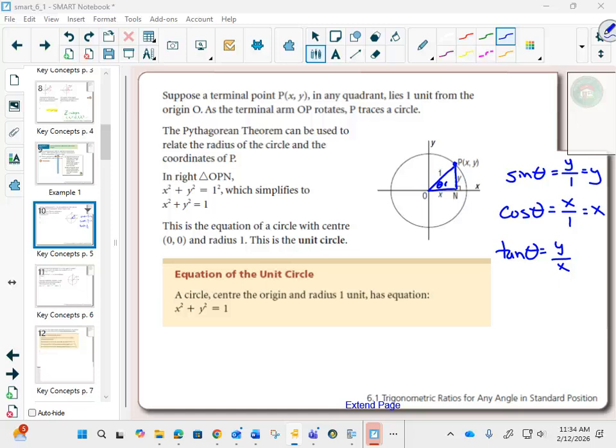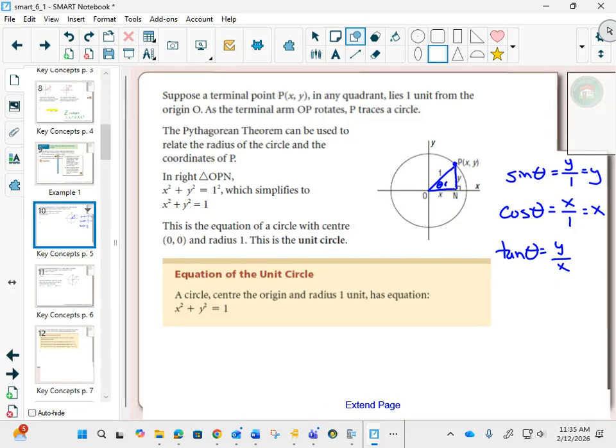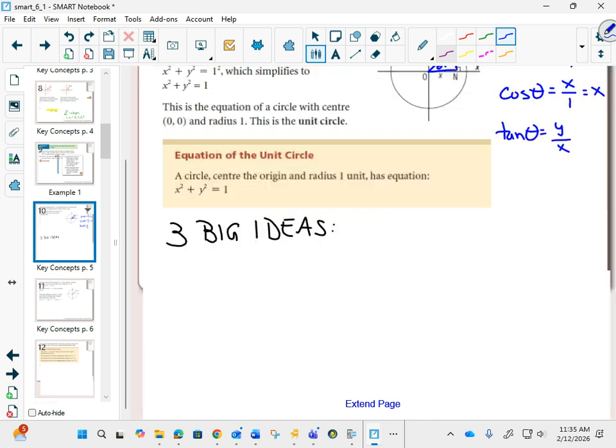Now you have some space on the bottom of page 470. So on the bottom of page 470, you can write 3 big ideas. And we have in fact already done 2 of them. Big idea number 1, that just comes from us labeling this point.